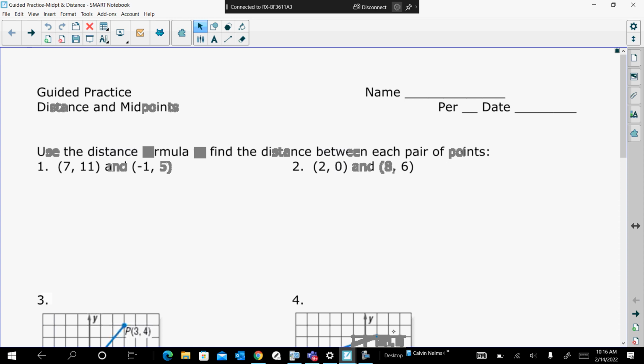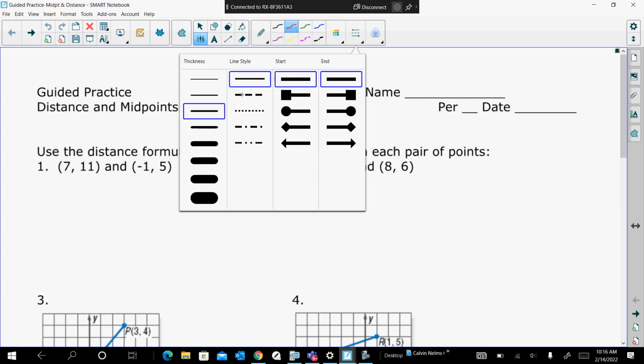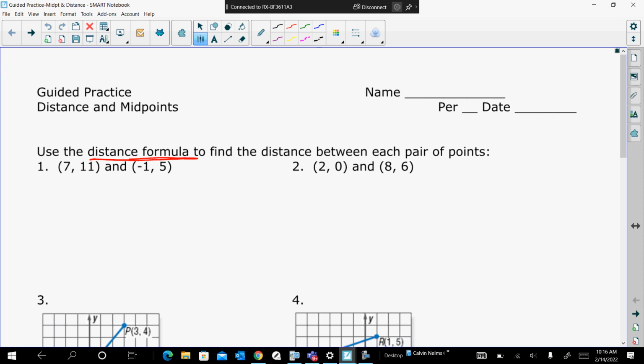So on the guided practice, guys, first set here, they want us to do the distance formula right here. That's when I'm using the formula d is equal to the square root of x2 minus x1 parentheses squared plus y2 minus y1 parentheses squared.